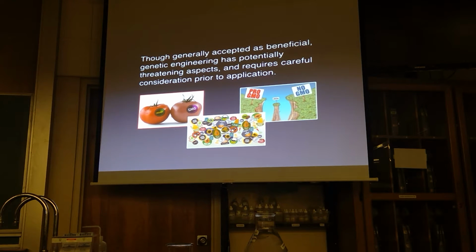And then, of course, although allowing organisms to produce recombinant proteins is beneficial, there are some potential downsides to this. So bacteria have been genetically modified so they can produce a lot of useful proteins. Genetic modification is also being done to crop plants.